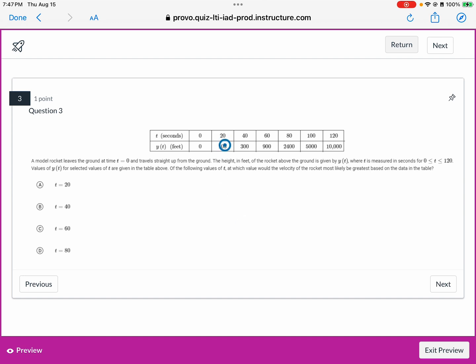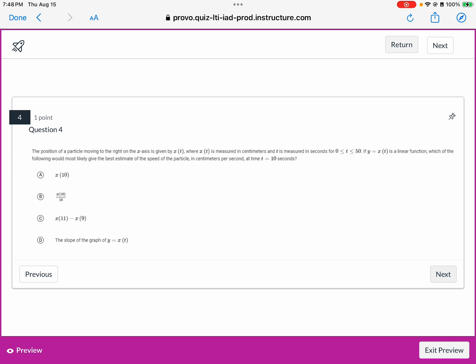And then from 20 to 40, we went from 105 to 300, so not quite 200 units. And then 300 to 900. Okay, that was 600 units. So basically, the change in position is what's going to tell you that right there. So hopefully that makes sense, and hopefully you're getting that, and I'll let you do the rest.